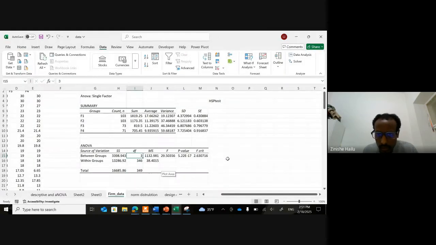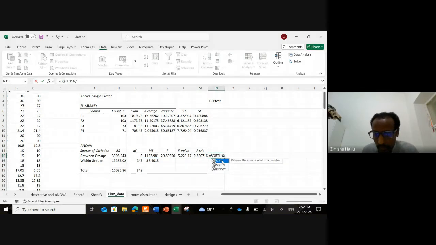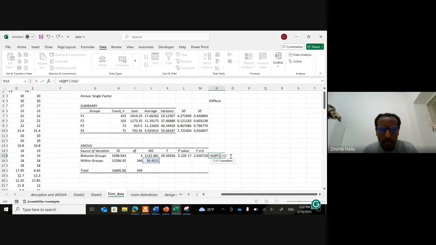So the mean square error is here, divided by the number of observations.